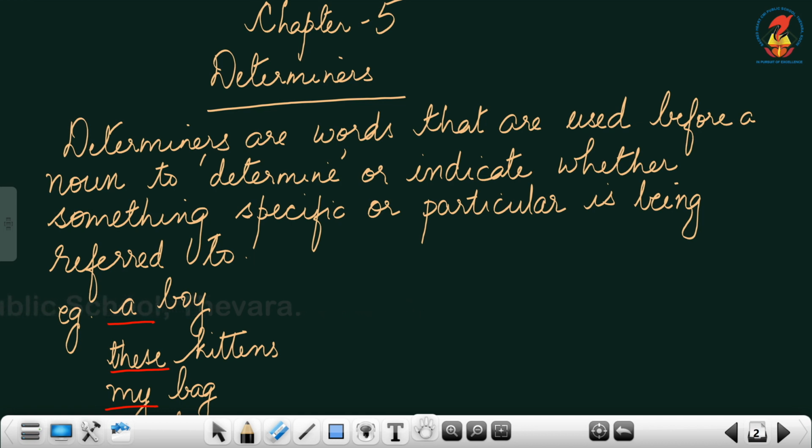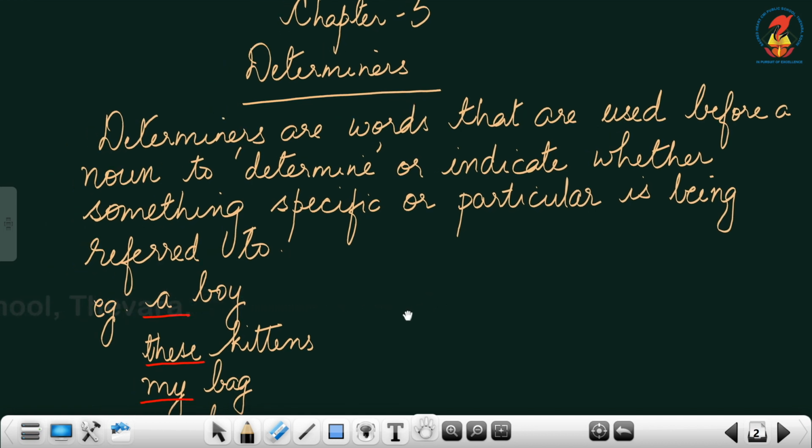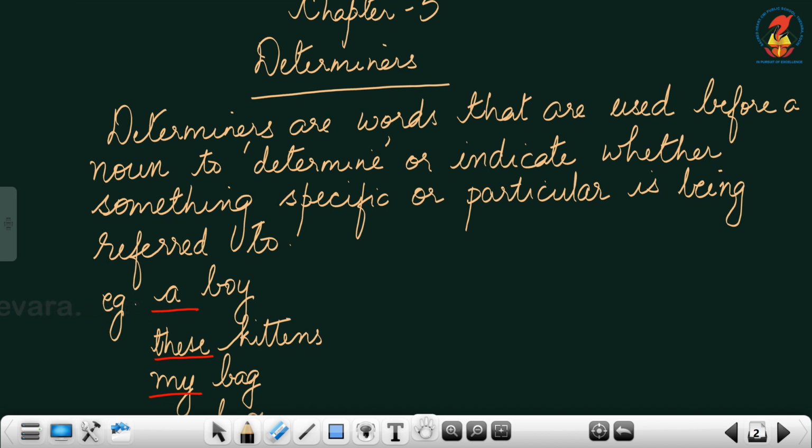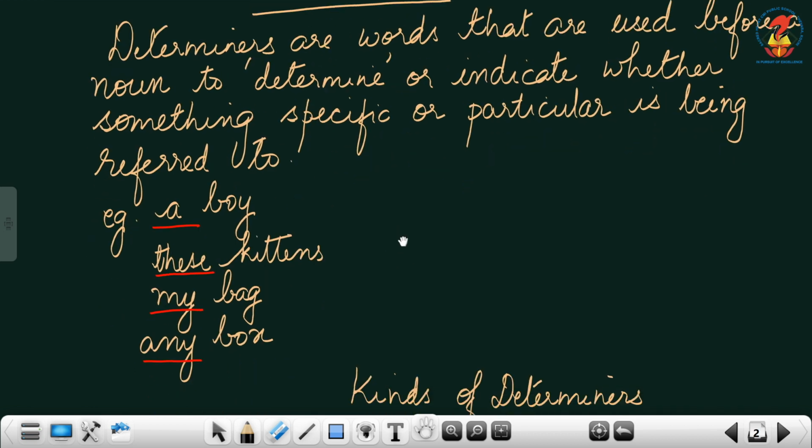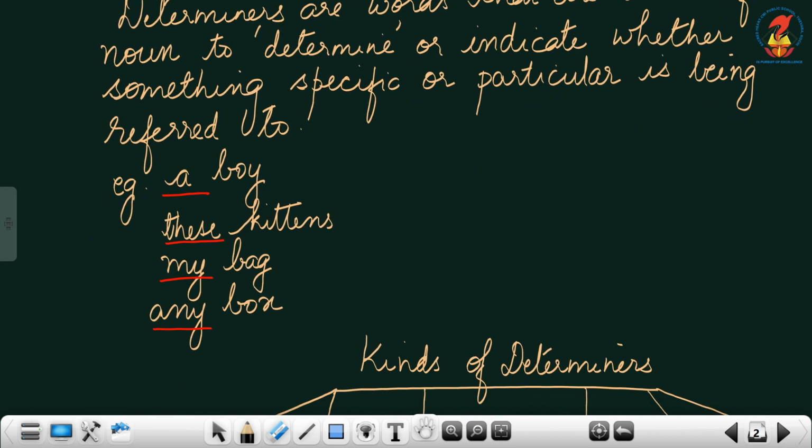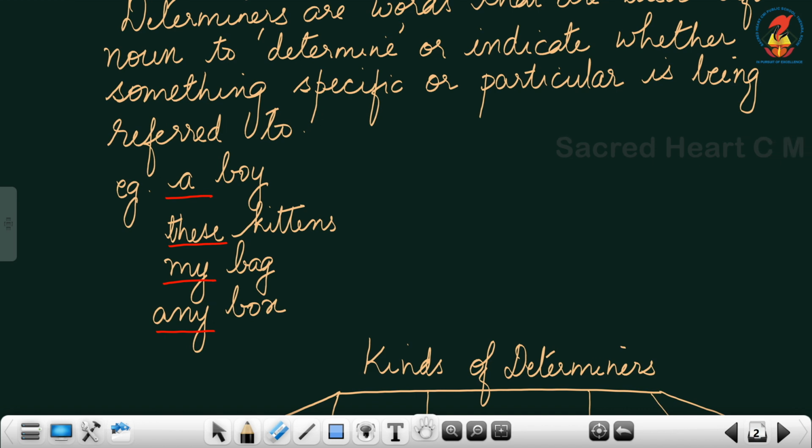For example, here: a boy, these kittens, my bag, any box. If you see the second words here, all these four examples are nouns. Before the nouns you have certain special words that are used to indicate or to determine whether something specific or particular is being referred to.